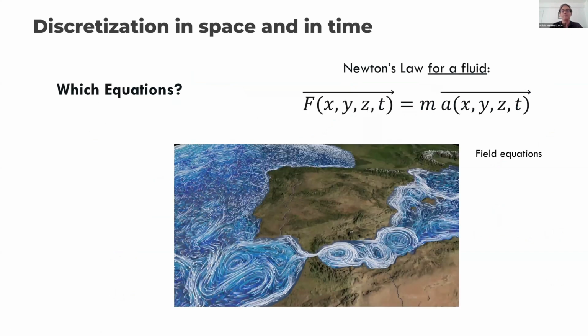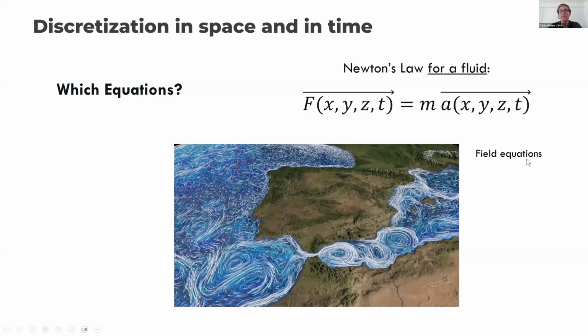Okay, so in terms of a fluid, Newton's law is like this. We must remember that the forces, the masses, the densities, and the accelerations are functions of place, of the position in space, and also functions of time, okay? So these are field equations.